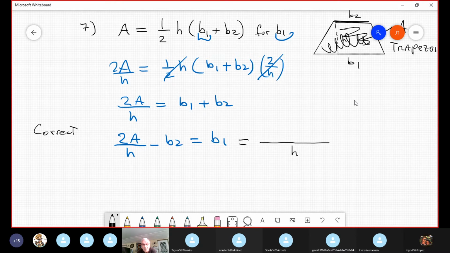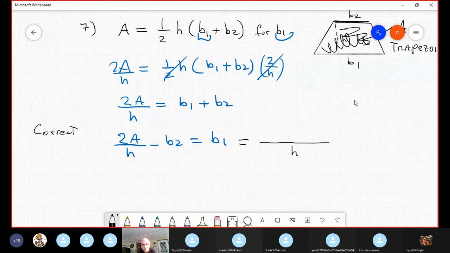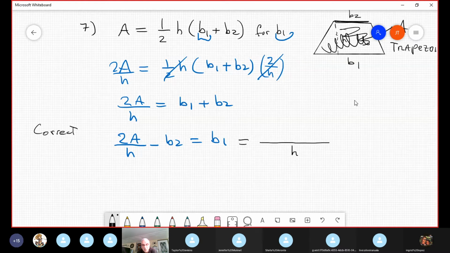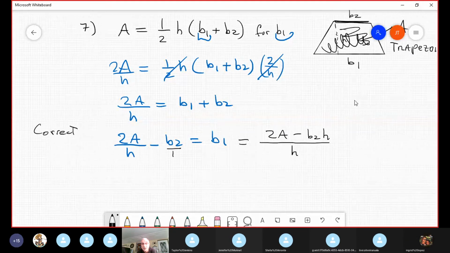Let me take advantage to explain the problem of the common denominator. You condense the formula using the common denominator, you put h here. But we have no h here, we have 1. The common denominator between h and 1 is h. h divided by h is 1, multiplied by 2a is 2a. It's obvious because it's the same, but in this case, b2 times h. Where does this new h come from? The multiplication h times b2.